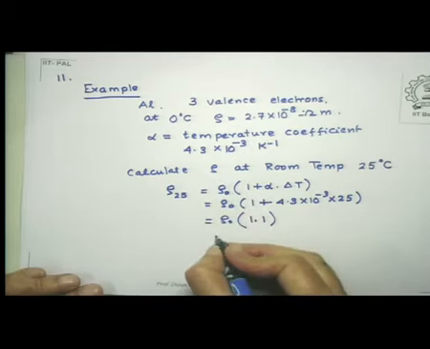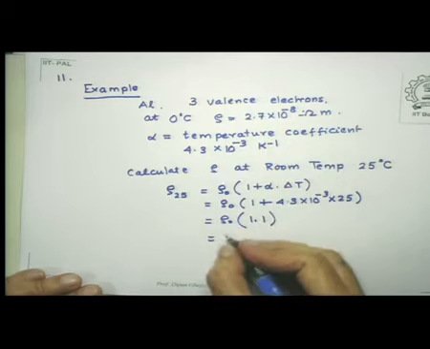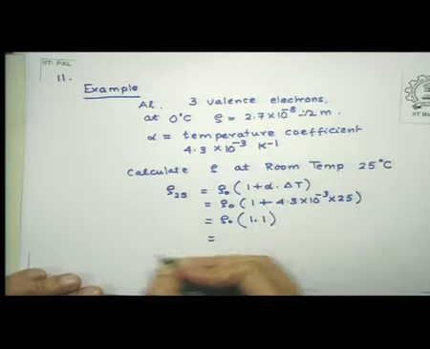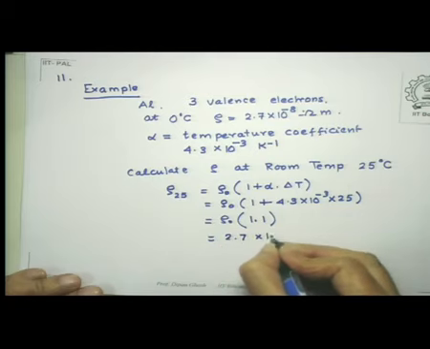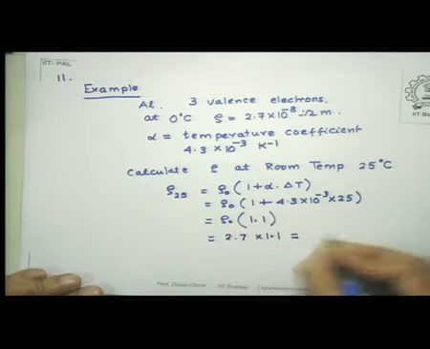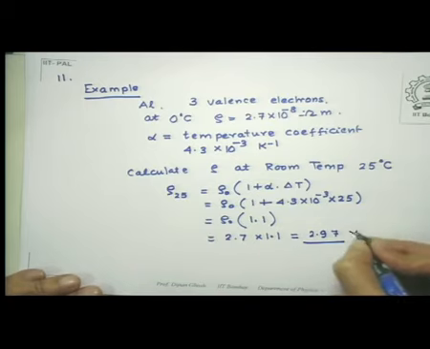This was 2.7, and you add another 0.2, it's 2.7 into 1.1, so about 2.9 into, of course, 10 to the power minus 8 ohm meter.